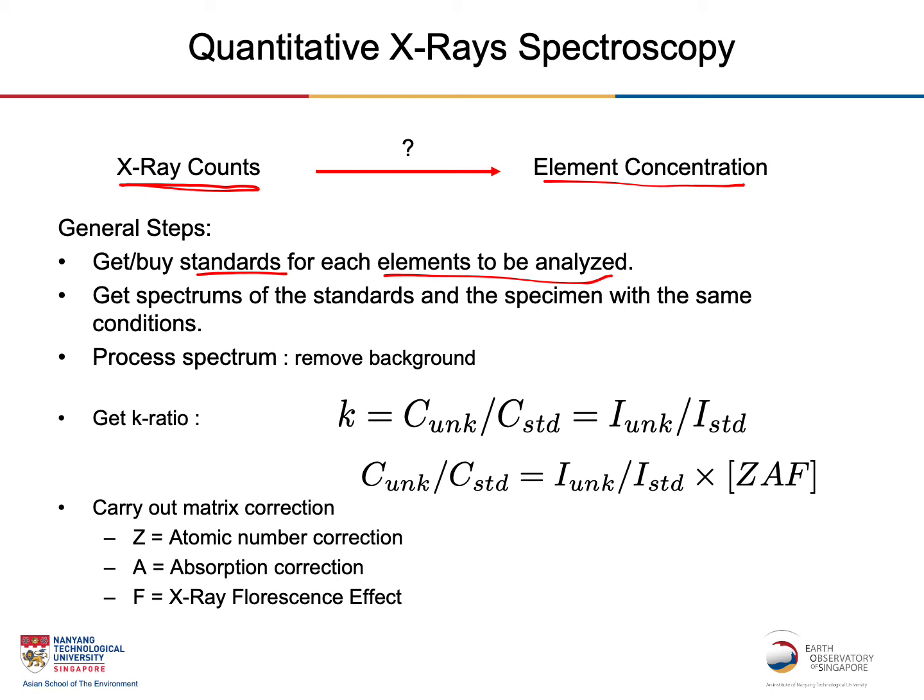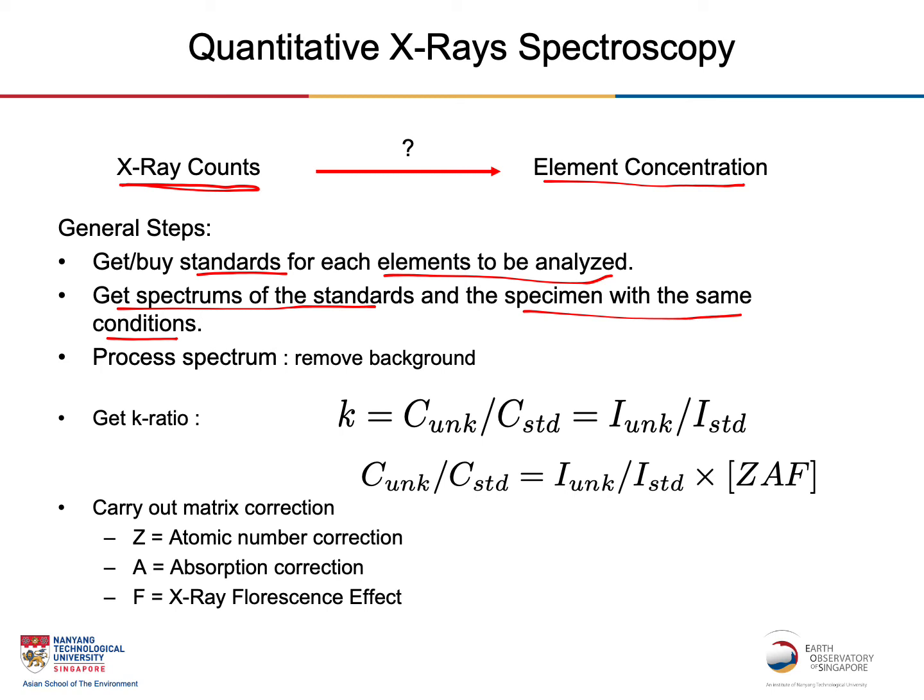So what we do is get a spectrum from the standard and the specimen at the same condition. What I mean by the same condition would be the same focus point, the same accelerating voltage, the same working distance, and the same vacuum level, as much as possible the same.